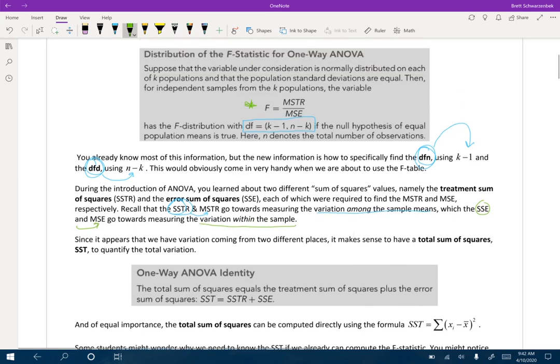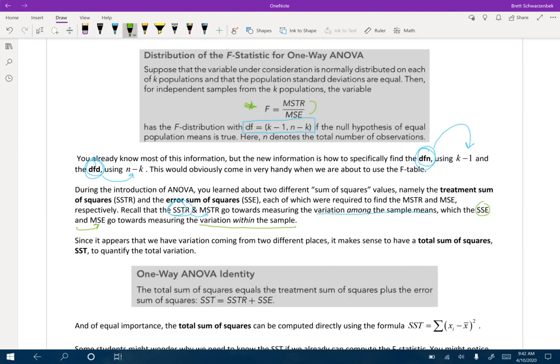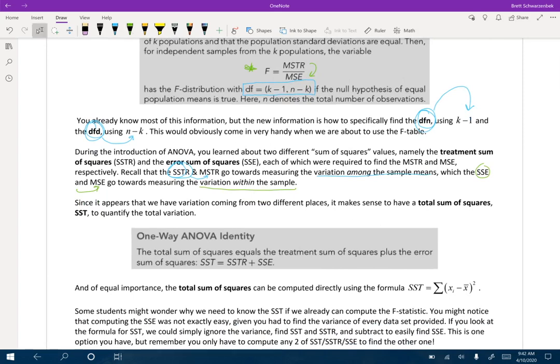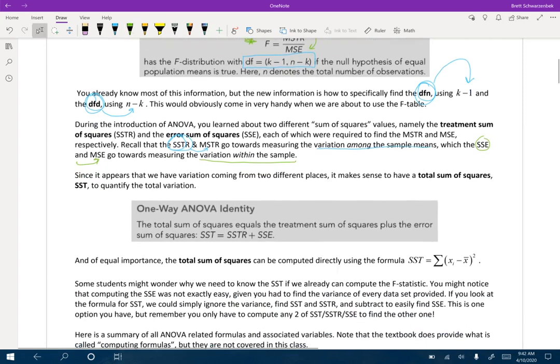The goal, of course, is to measure the ratio of the variation among the sample means to the variation within the sample to get your F. It makes sense that not all students are going to quite understand the concept there, but the key is it's all a mathematical computation. As long as you understand that F is a test statistic and you can measure it against a critical value or find a p-value, that's all that really matters in terms of the class and moving on.